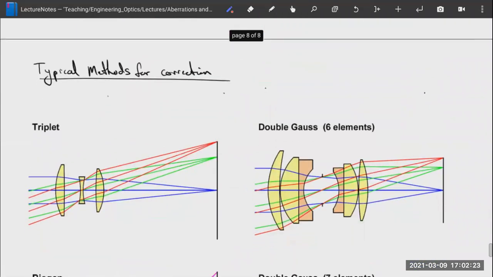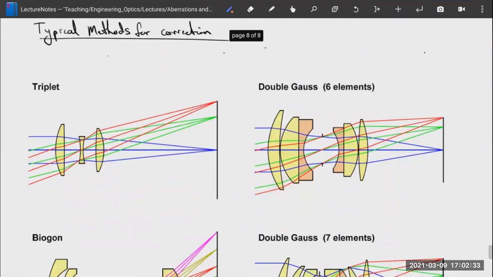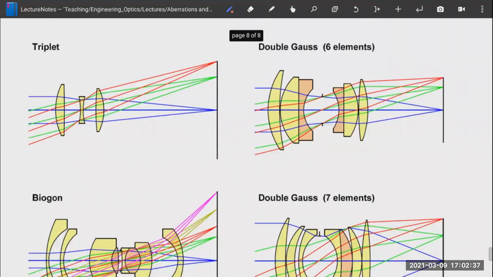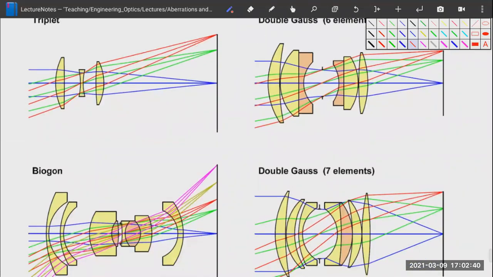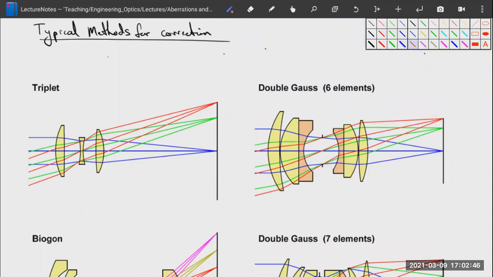Now let's briefly talk about some typical methods for correcting aberrations that are used in lens systems. And they can basically be summed up by saying symmetry helps a lot, as well as the use of meniscus lenses. So here we have a triplet system where we have a positive, negative, positive lens.